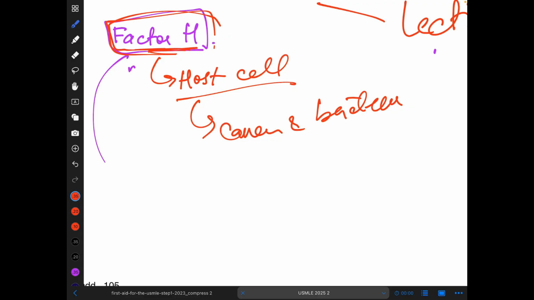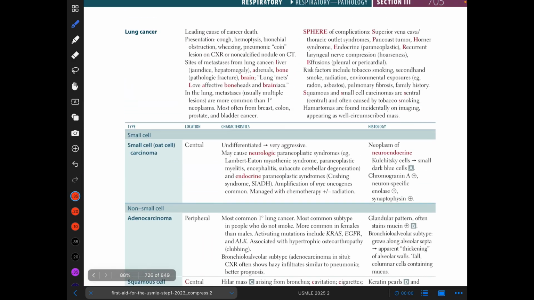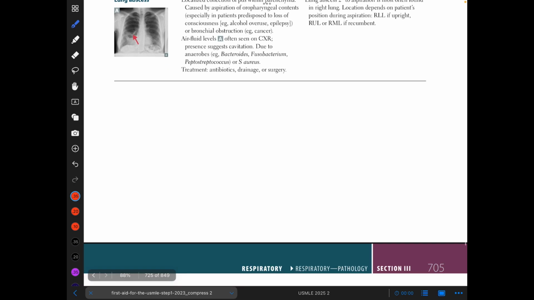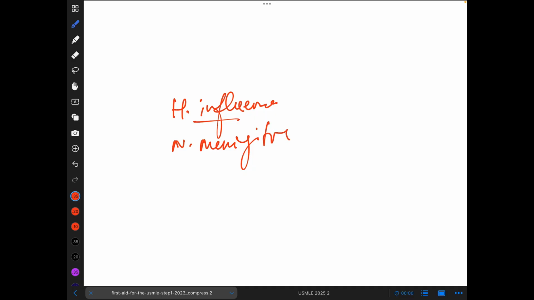The key pathogens that mostly use this are H. influenzae, meningitis organisms, many streptococci, and Pseudomonas.